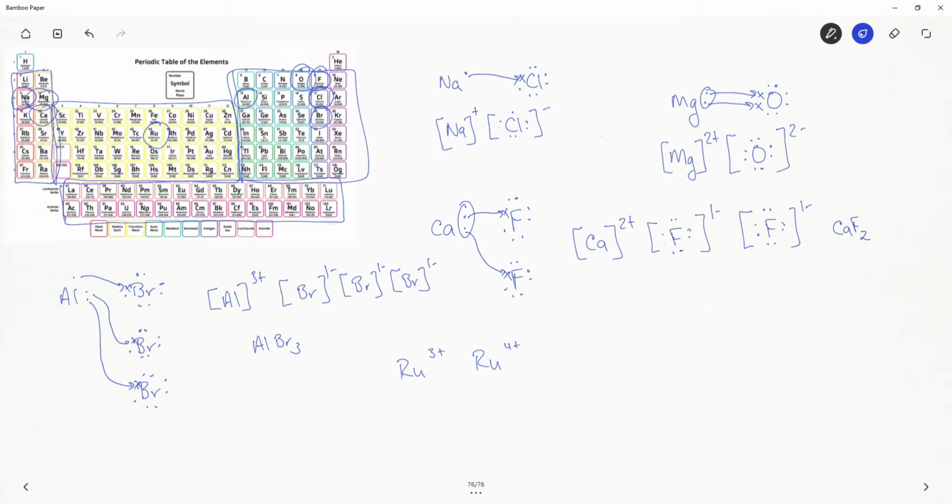It still forms ionic bonds, however, because it is forming an ion and it will bond with an anion. So if I were to bring chlorine in, and we know that chlorine wants a charge of -1, then I could form either ruthenium 3 chloride or ruthenium 4 chloride, again depending on how many electrons ruthenium gives away.